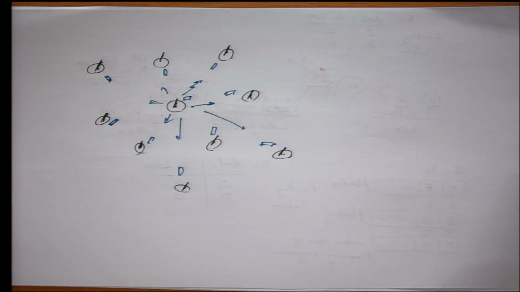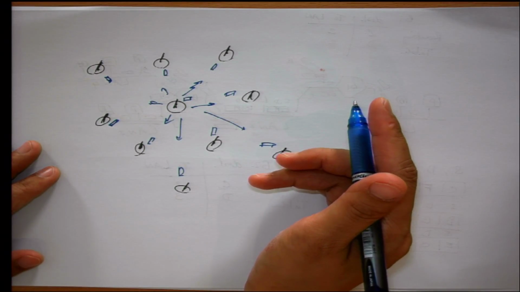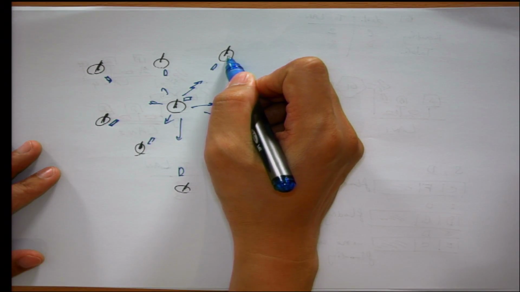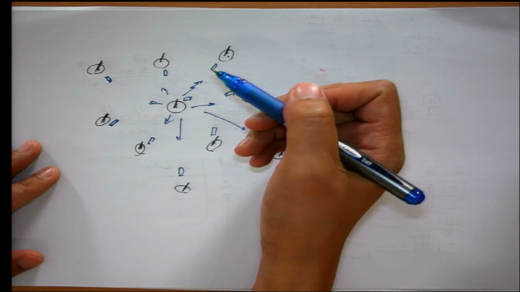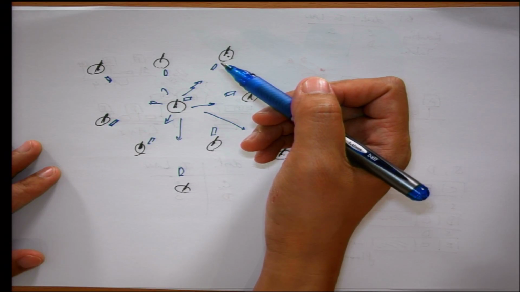If there is a collision, it has to retransmit. But if there is no collision, then it's a successful sending. Very easy. If another guy wants to send, again, it just sends, and everyone will hear what is transmitting.